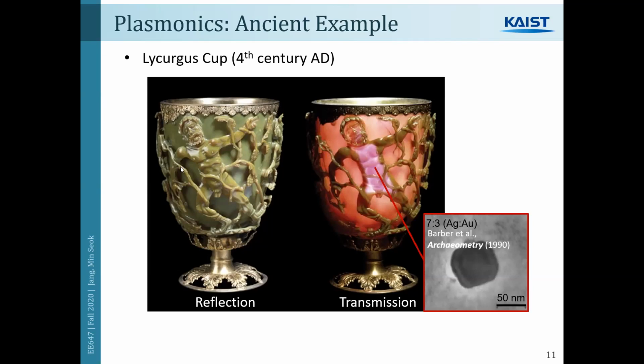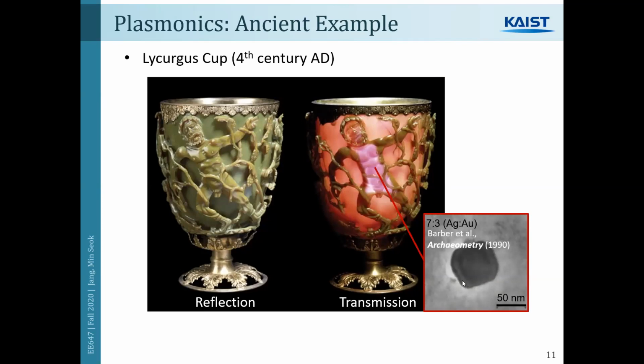And people didn't know why this is the case for about 1600 years. And very recently, in 1990, people examined this material, and this glass actually contains very, very small metallic nanoparticles, here's 50 nanometers.